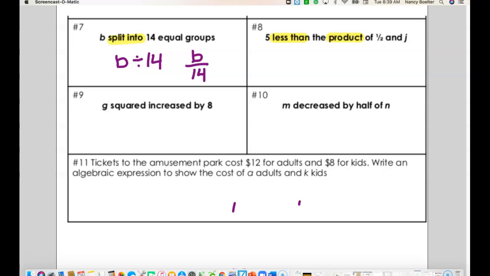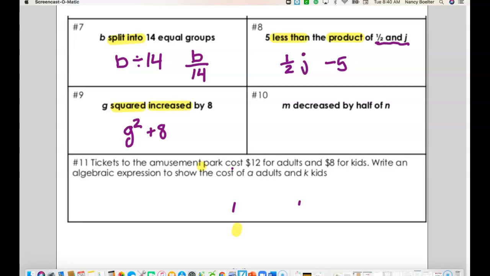So we have 1/2 times J minus 5. Then number 9, G squared increased by 8. Increased is going to be adding, but remember we have G to the power of 2, or squared, plus 8.